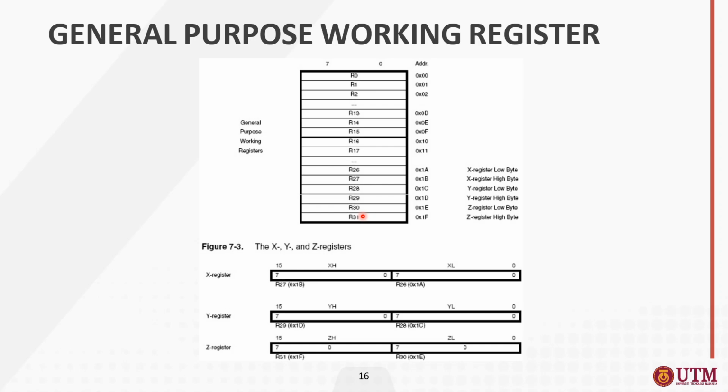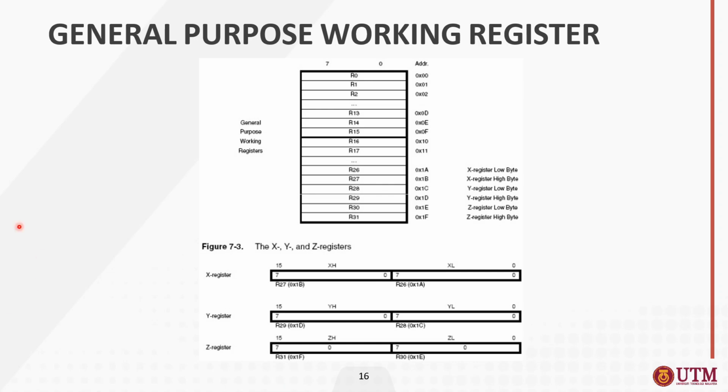Some of these registers can also be used as pointer registers. For example, R26 and R27 are called the X register. It is used as a 16-bit pointer, because each register is 8-bit, and if you combine the two, it becomes 16-bit.